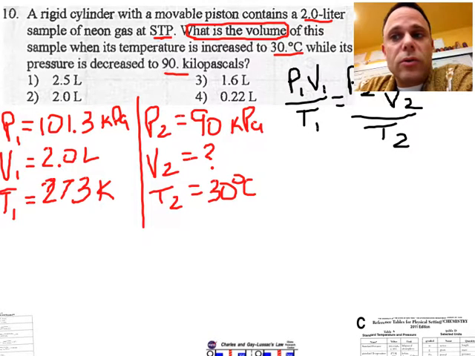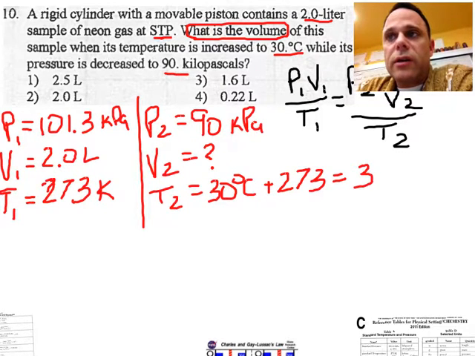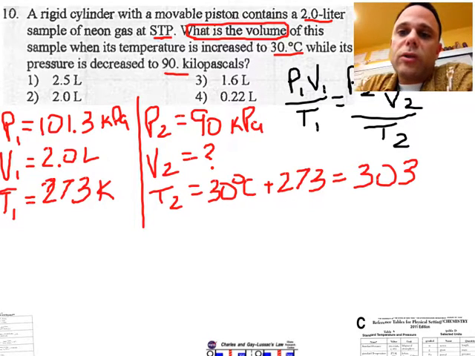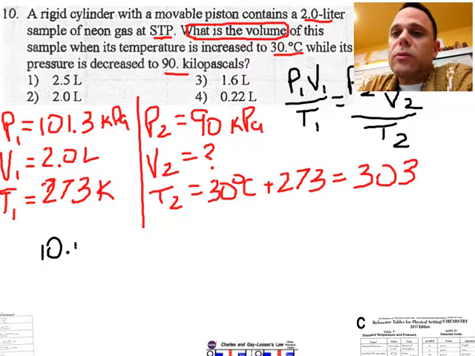But what do we have to do to convert it into Kelvin? We have to add 273. So we are using a value of 303. Let's build the equation so we can get a final answer. So we have 101.